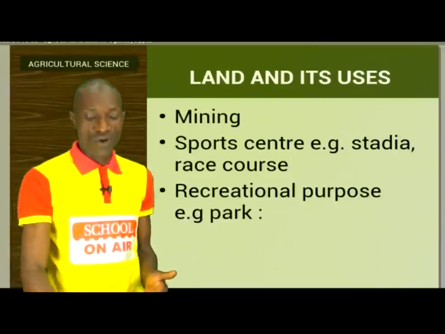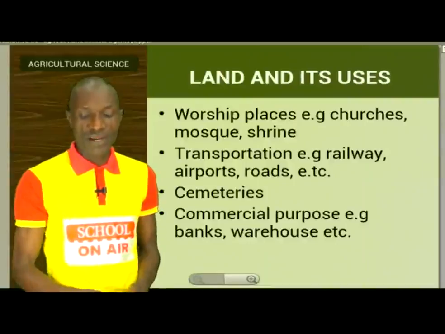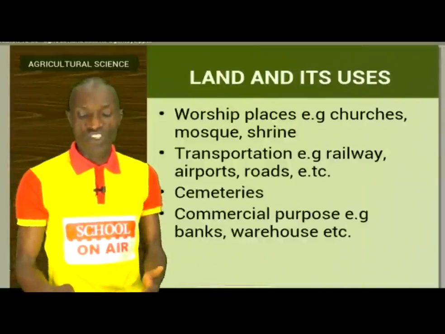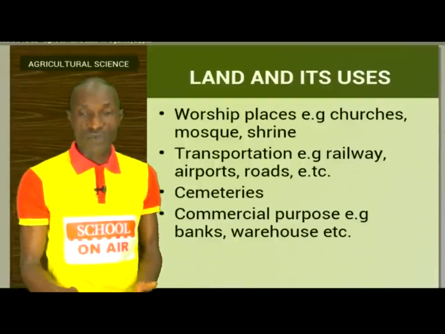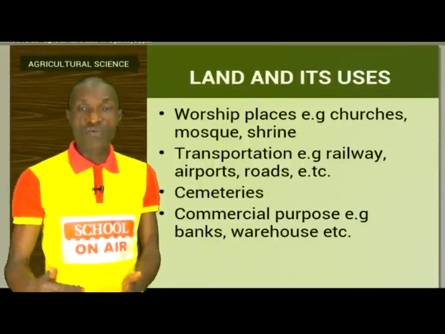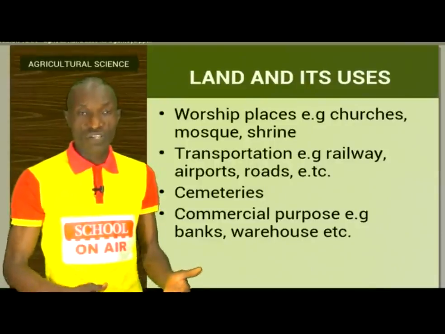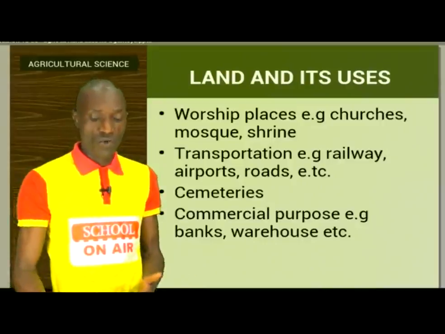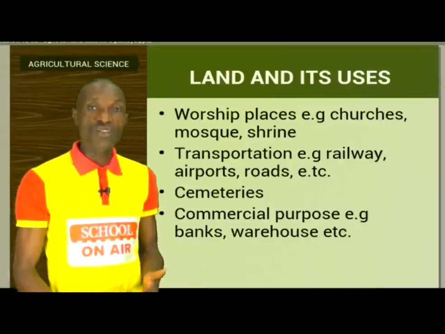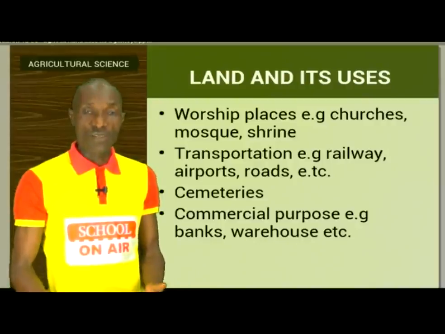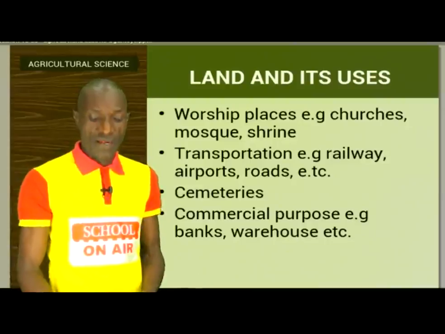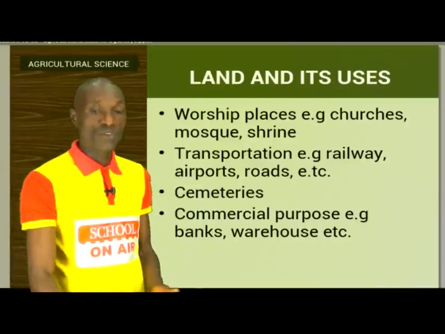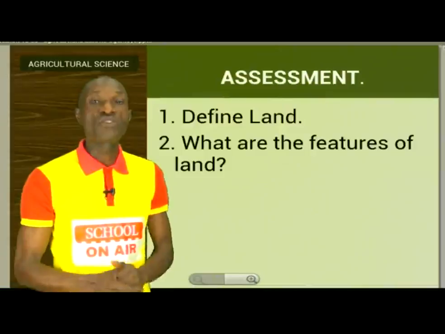And the land that is used for recreational purposes, e.g. parks, the land that is used for worship places, e.g. churches, mosques, or shrines, and the land that may be used for transportation, that is construction of railway lines, airports, and roads. And we have the land that is used for cemeteries, that is where the dead are buried. And then we have the land that is used for commercial purposes.